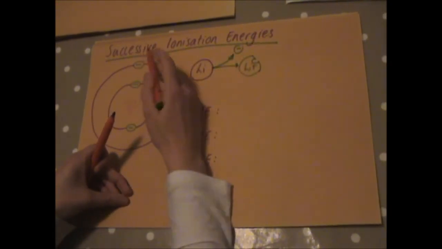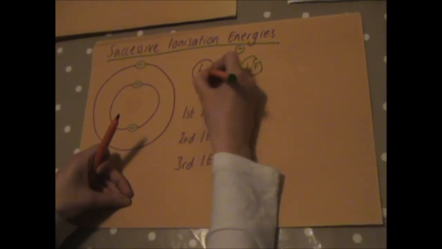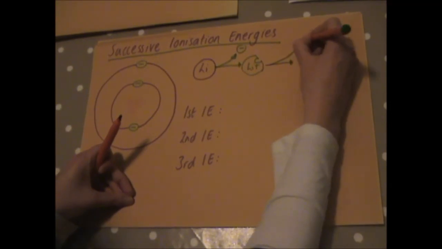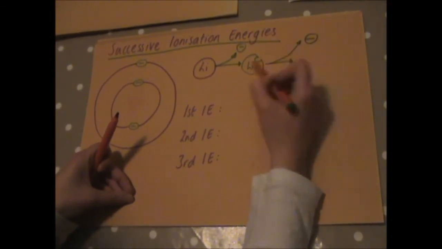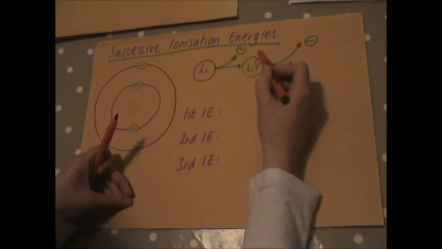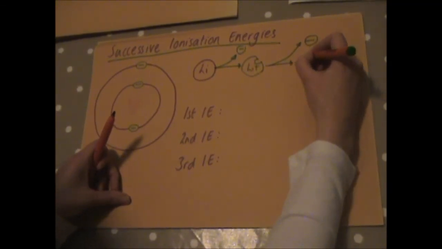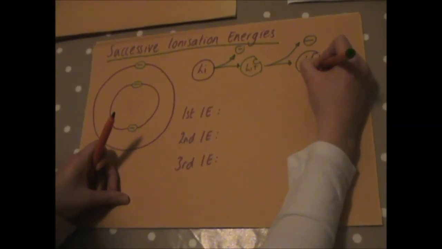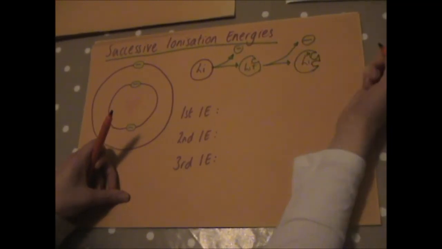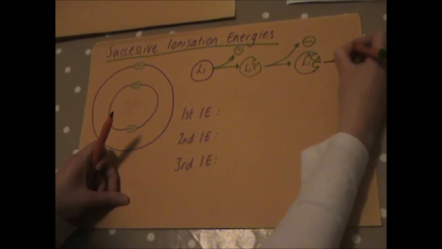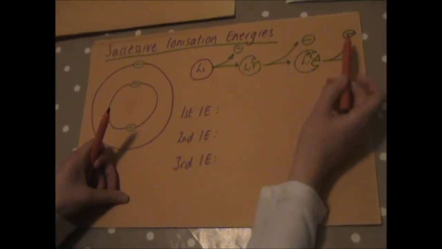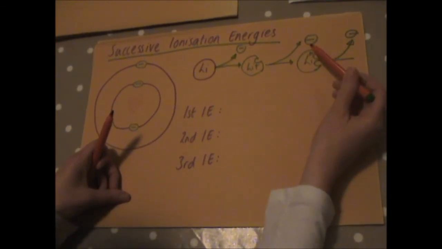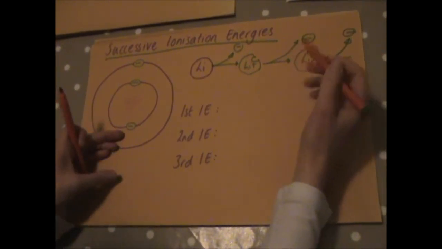Okay, but this is successive, so from there, not back at the lithium atom, but from the lithium ion, we can remove an electron from 1 mole of lithium 1 plus ions, and we'll make lithium 2 plus. And from there, we could remove an electron from each ion in the mole of lithium 2 plus ions and make a mole of lithium 3 plus ions.